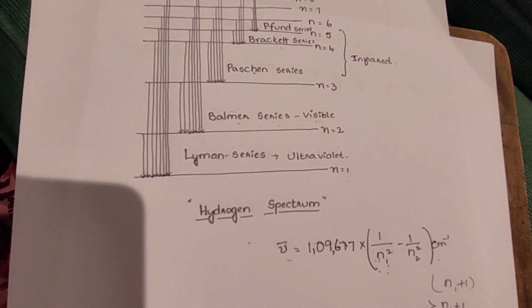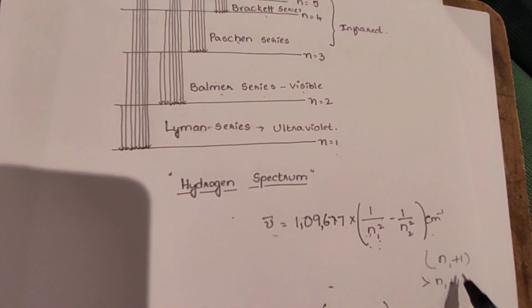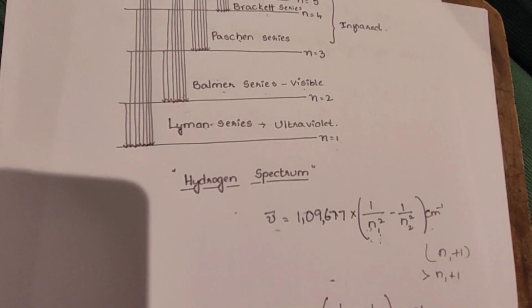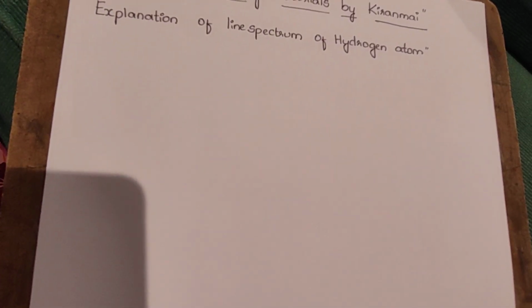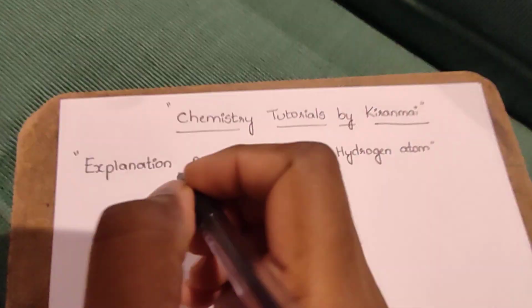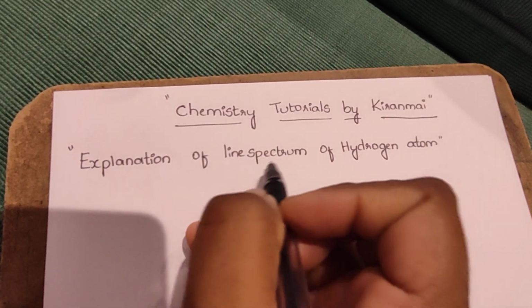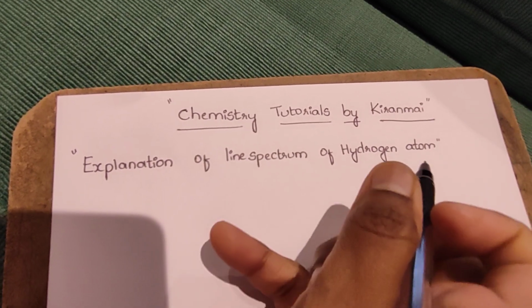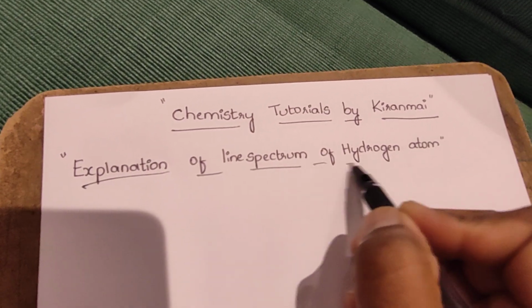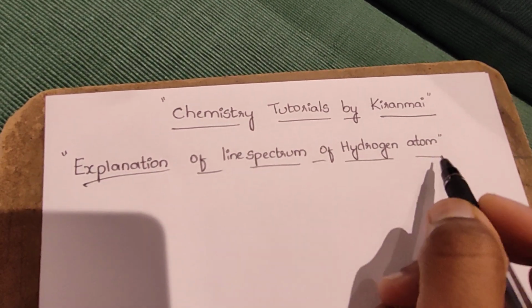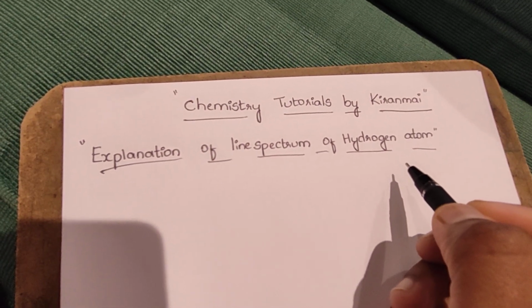According to Bohr's postulates, this expression is derived. That is, Bohr gave a mathematical explanation for the line spectrum of hydrogen atom.